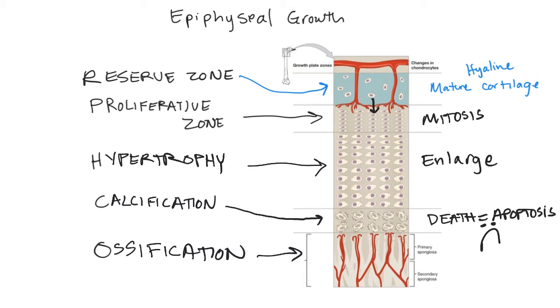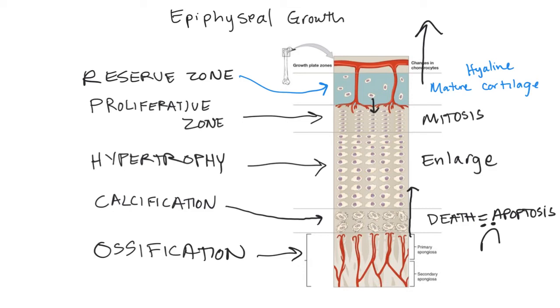Okay, so this is going to grow in this direction as new bone is laid out when you have this bone as a reference over here. This bone's going to continually build as these zones move on to the next stage. These ones will start going through mitosis.